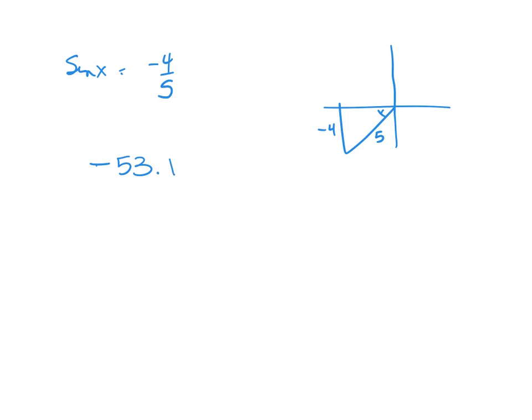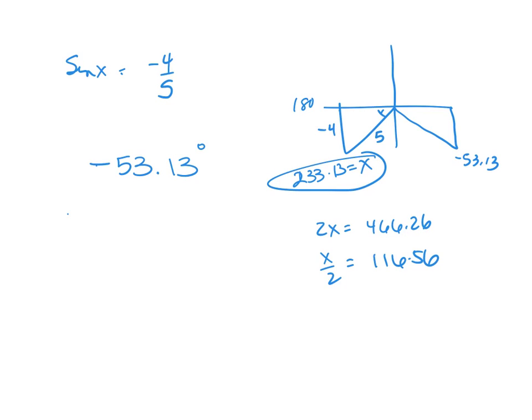Okay? So negative 53 is right here. Everybody understand that that's negative 53 degrees? So what would this angle be? If this is 180 and I need to move down 53 degrees, what I'm going to do is take 180 plus 53. What is that? 233. That is what x is.